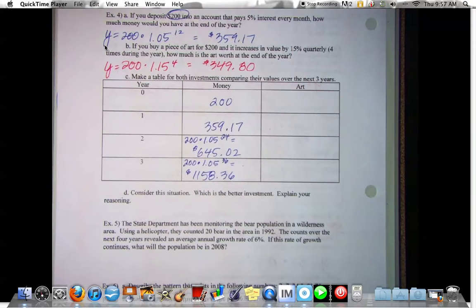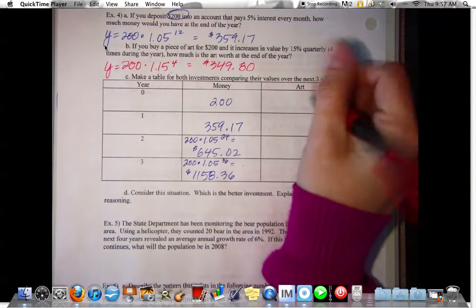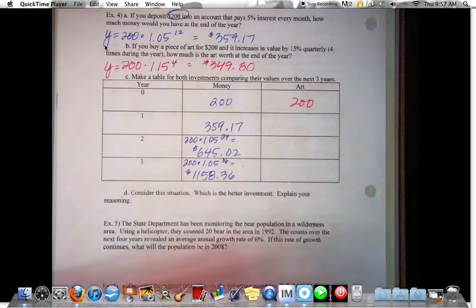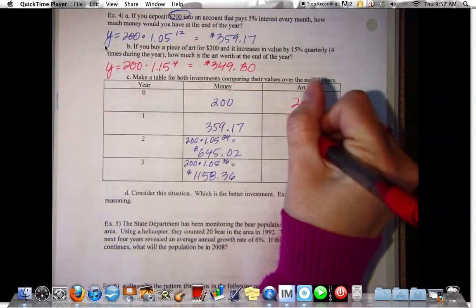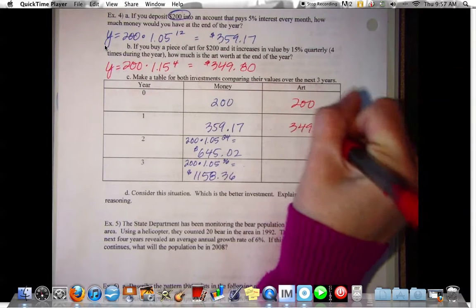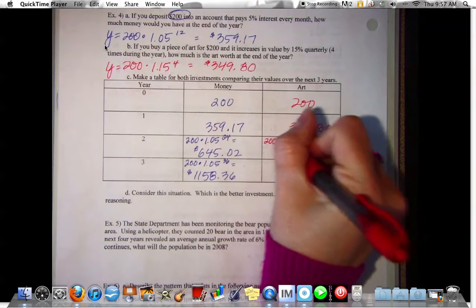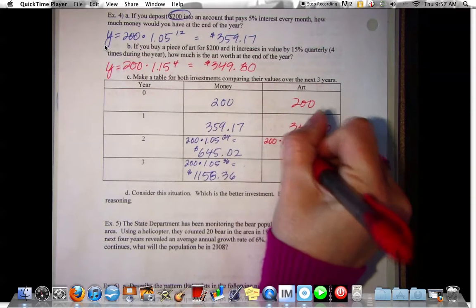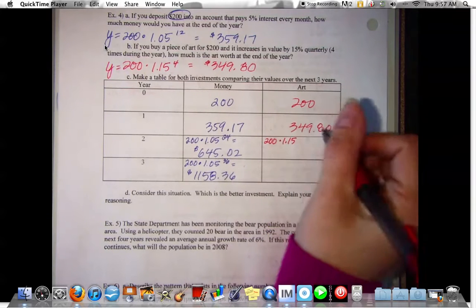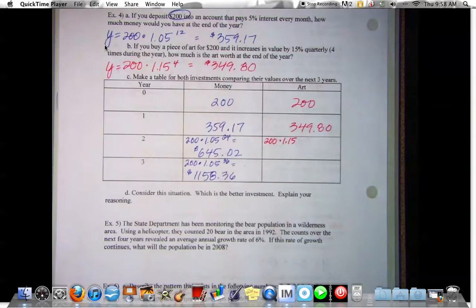All right, the artwork. What's the initial value for the artwork? 200. After year 1, what was its value? All right, year 2, 200 times 1.15 to the 8th power.